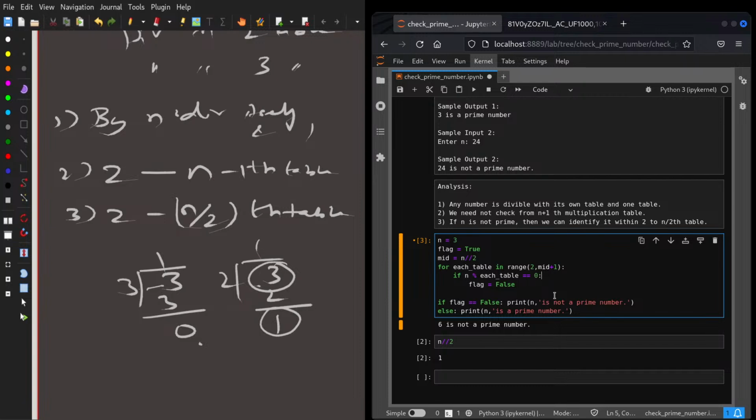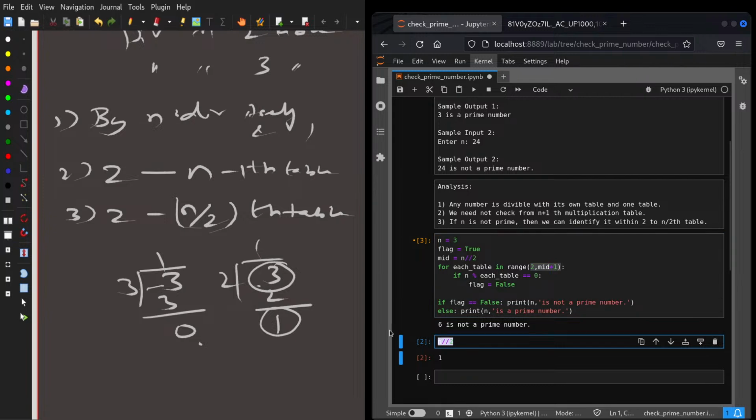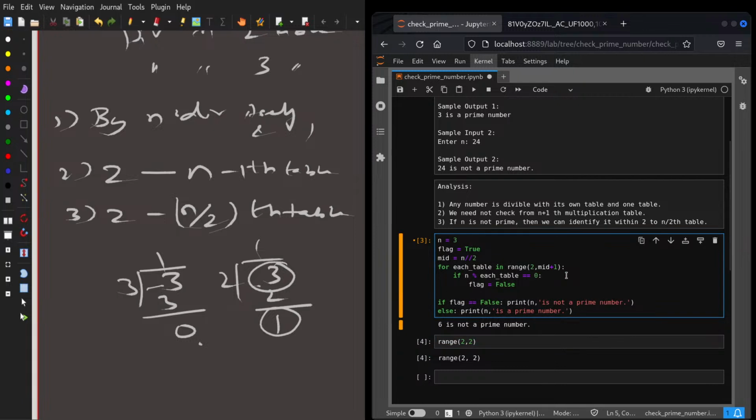When we give 3, it will generate till 2. So in this case, range of 2 to 2 will generate 2. So this loop will run one time.